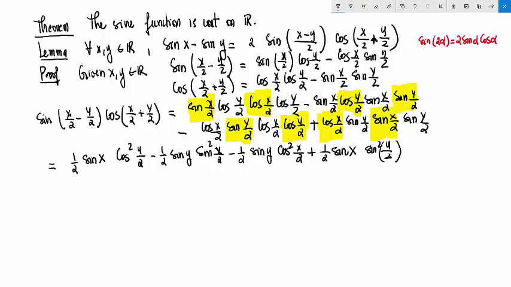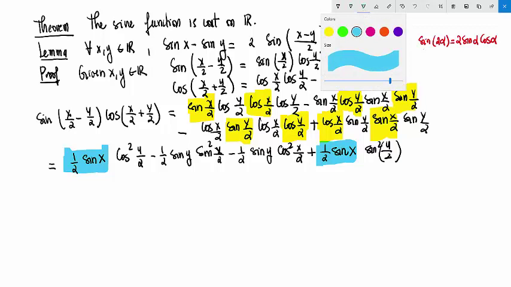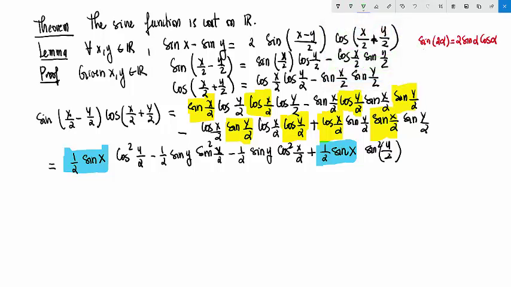Alright, now I will collect the following, this and this one, a term, and then I will collect this term together with this term here. Let me actually put them all together, this one and this and that.